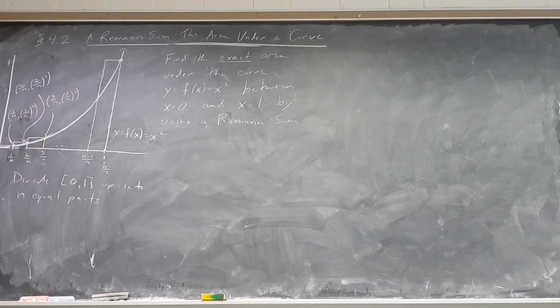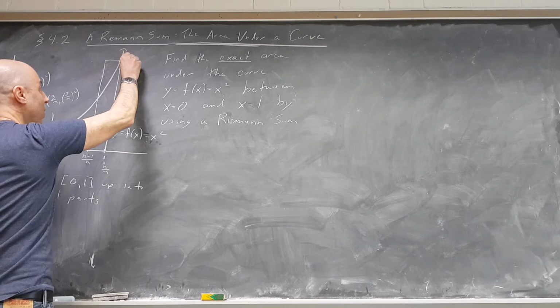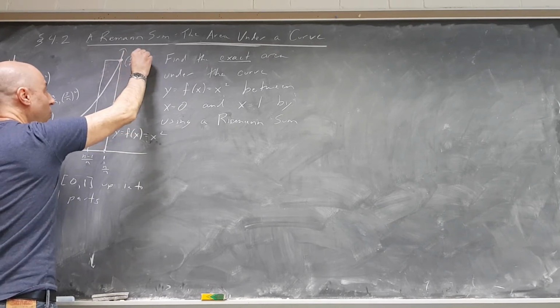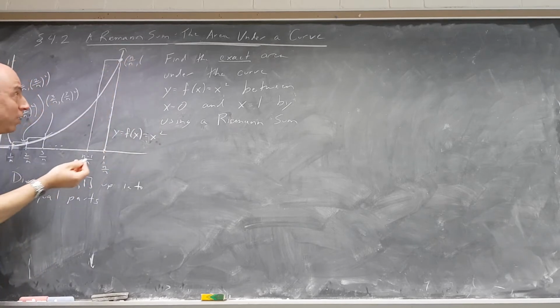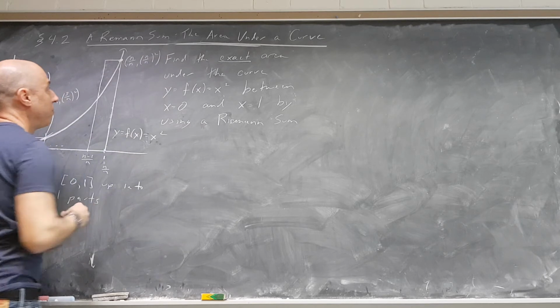Fourth rectangle, fifth rectangle, sixth rectangle, all the way to this last rectangle, which touches the curve at 1. I'm going to write that as n over n for reasons which will become obvious later. And its y-coordinate, 1 squared is 1, I'll write that as n over n all squared.